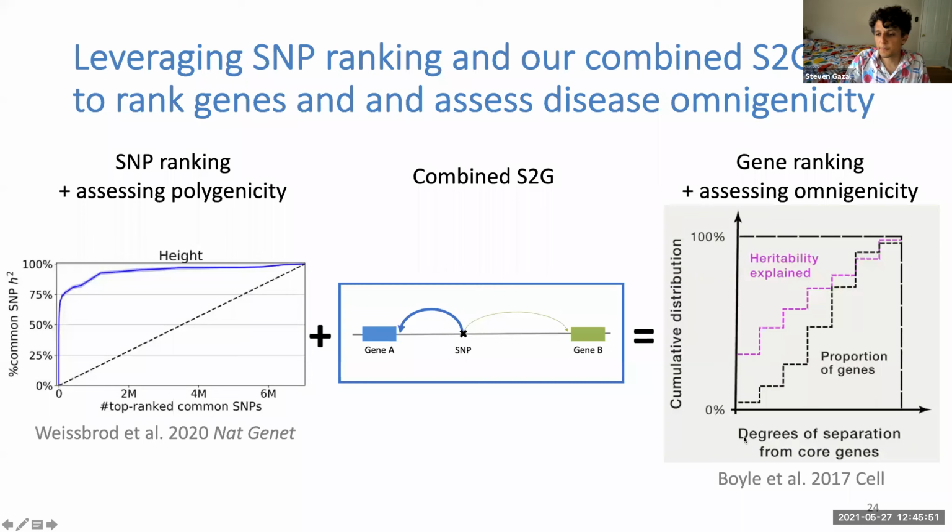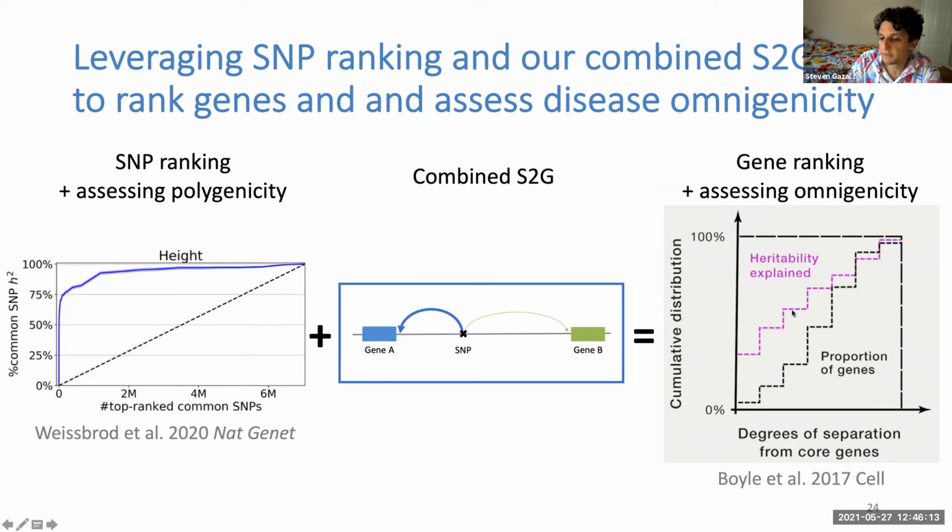And so this paper, which is a reference from what is called the omnigenic paper, suggested a model where you have some genes that are really important, called the core genes, and they explain a lot of heritability.